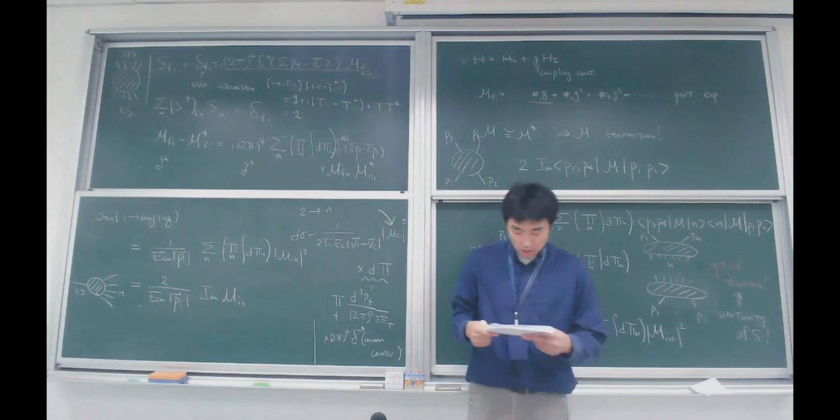If you look at the imaginary part of the amplitude, that will give you some information about the cross section. That's the meaning of the optical theorem. Anyway, this figure is the most important figure. If you take the imaginary part of this amplitude, you can cut in the middle and integrate over. So that's what it means.